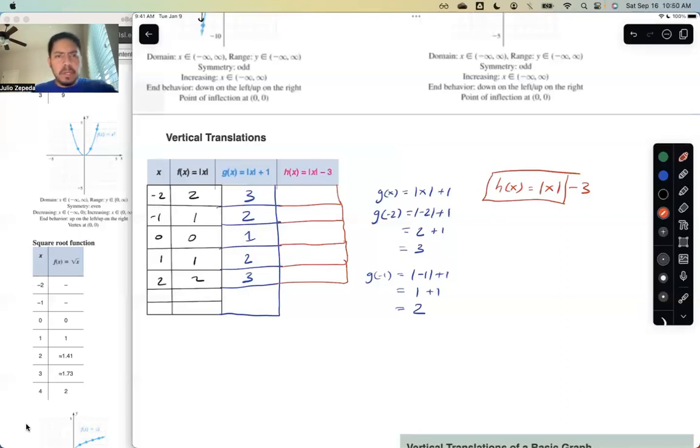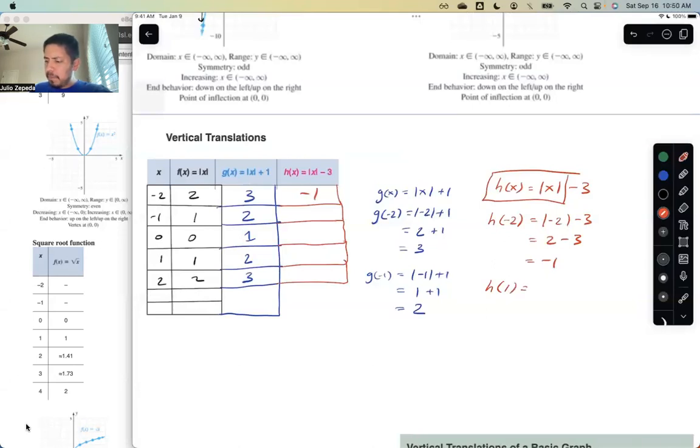So let's go ahead and plug in 1 as an example. h of -2 is the absolute value of -2 minus 3. That is 2 minus 3, which is -1. So -2, -1 is one of the points on the graph of h of x. Let's do one more. Let's do h of 1, let's say.